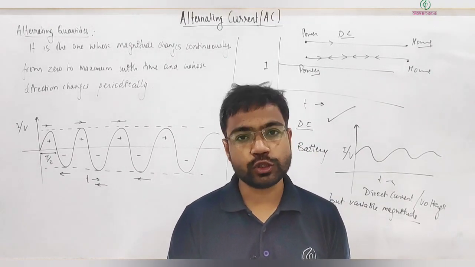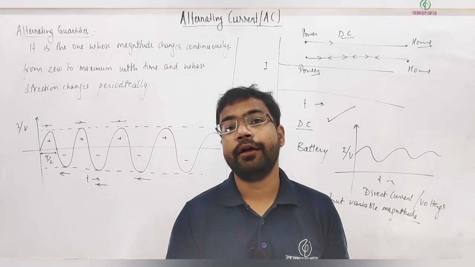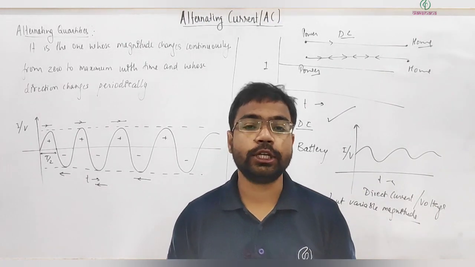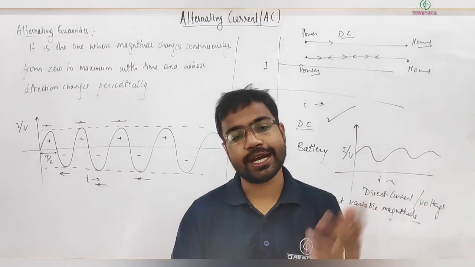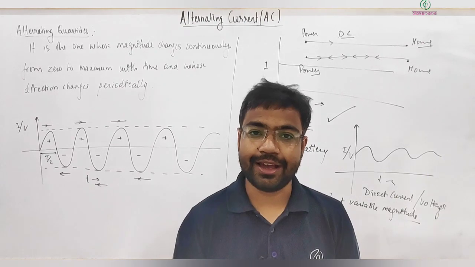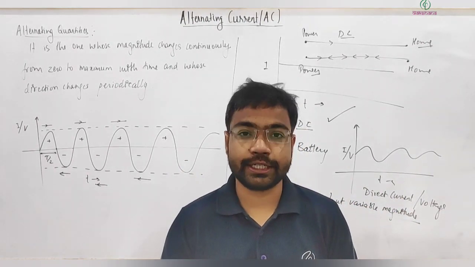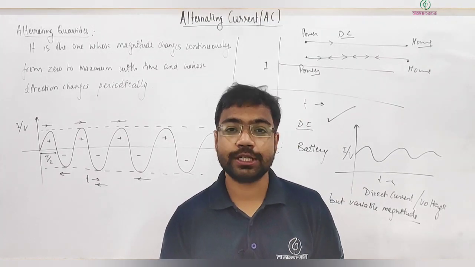Westinghouse was one scientist actually. He was also rich at that time. He liked the idea of Nikola Tesla. Westinghouse started his company and was ready to invest in Nikola Tesla's idea. After that, there was a contract to light New York City.